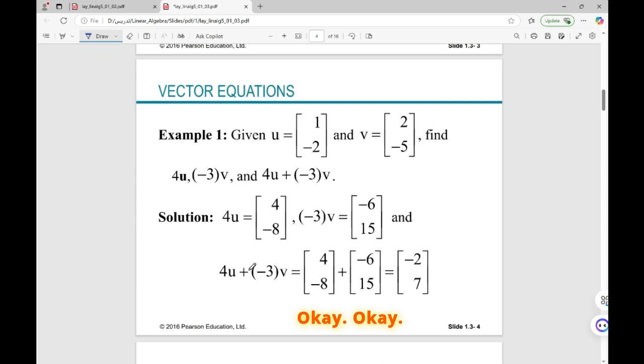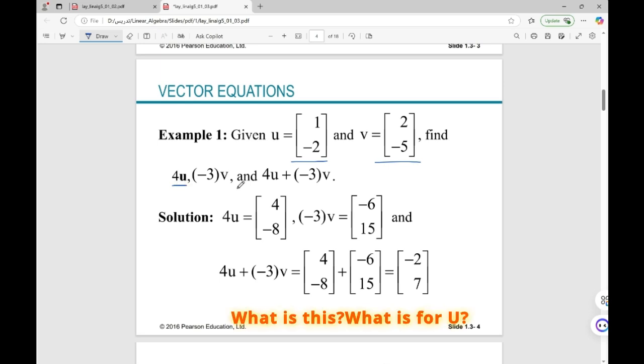Okay, Doctor. So let's give you an example. You have two vectors U and V. U is (1, -2), V is (2, -5). You first want to find 4U.